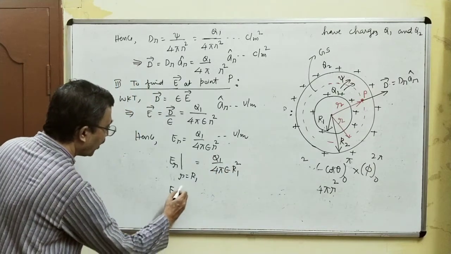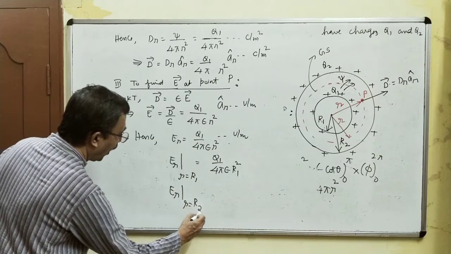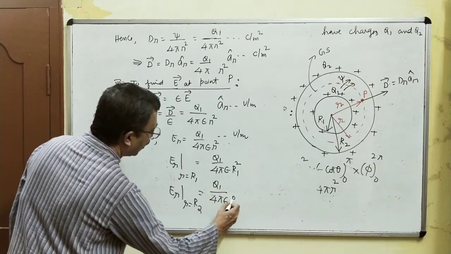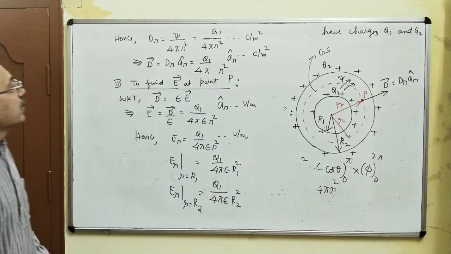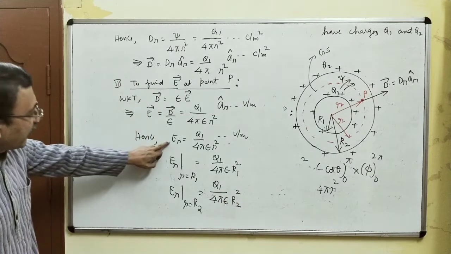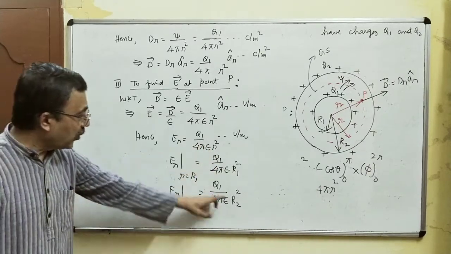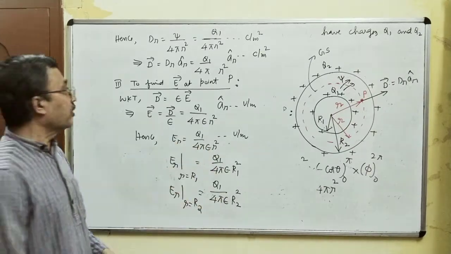Er at r equal to R2 is Q1 by 4 pi epsilon R2 square. So I have put in this expression small r equal to R1 and small r equal to R2. So these are the two expressions.